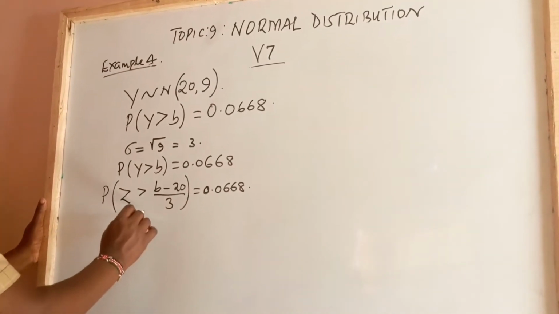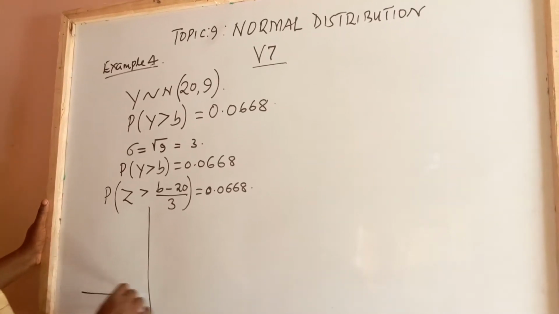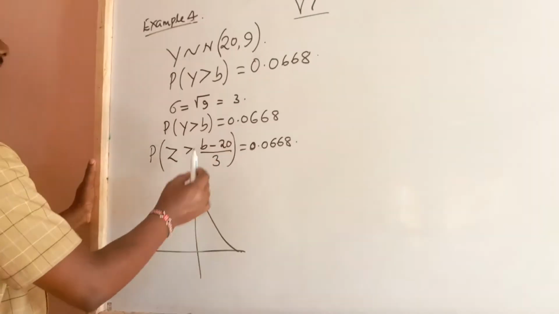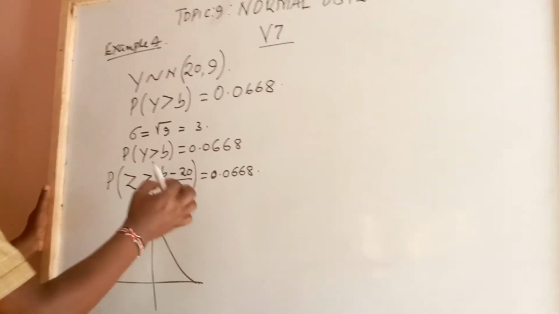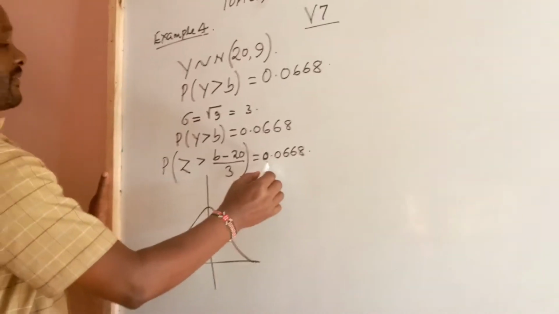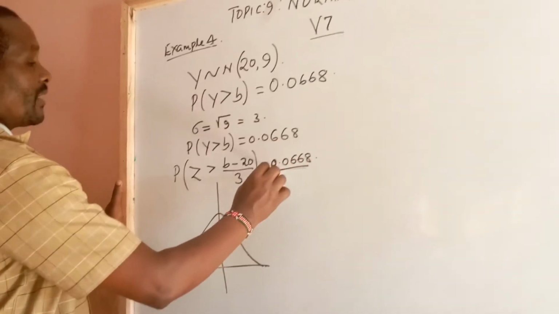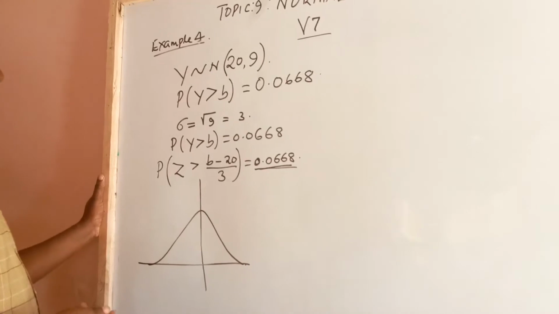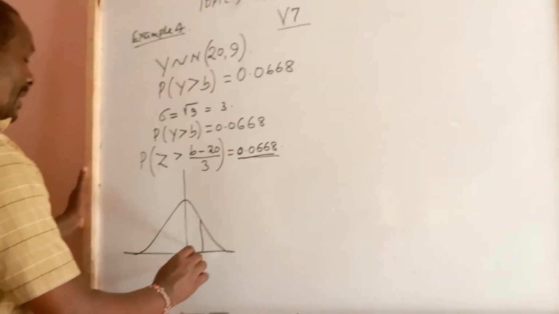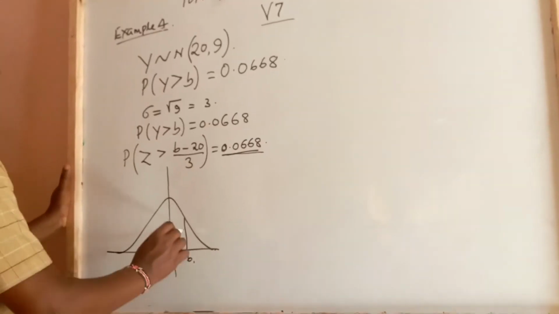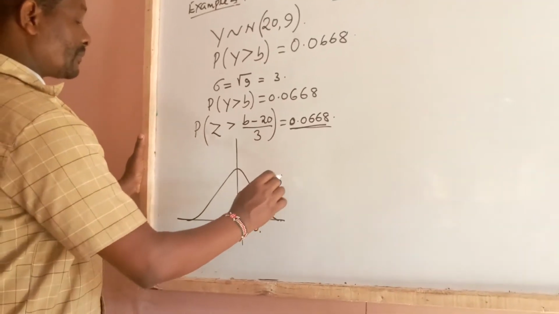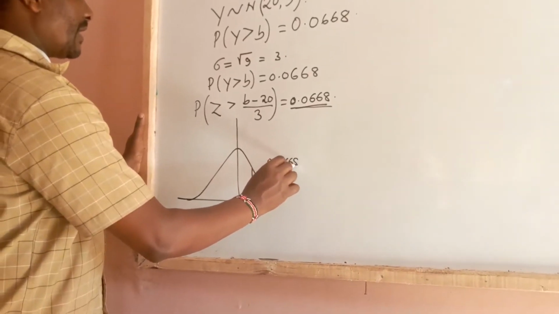Let us have a pictorial representation of what we are having. Z greater than a certain boundary which we don't know is a very small area, far below 0.5. So let's call our boundary b, because this is the area 0.0668.